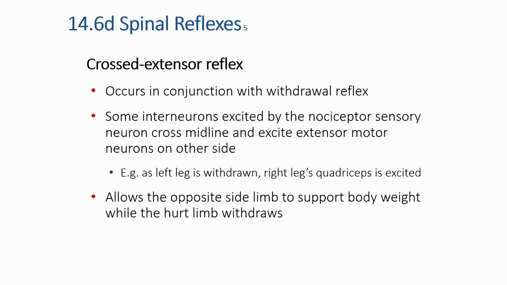So in this case, the ipsilateral side is going to have all the flexor muscles contract, whereas the contralateral side is going to have all the extensor muscles contract. So all the weight is shifted over to the other leg, and all of those muscles are going to fire to keep you standing, but so that the noxious stimulus isn't continuing to bother the one foot.